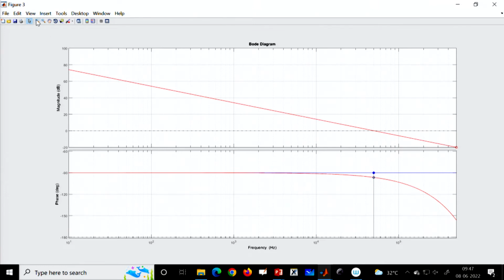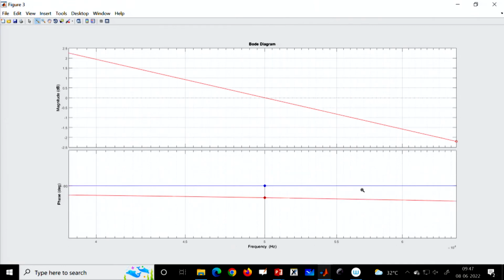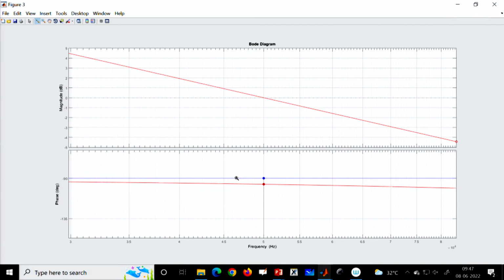If I zoom this part, you can see that, and that may not be significant because we are losing maybe some 20 degrees or so.